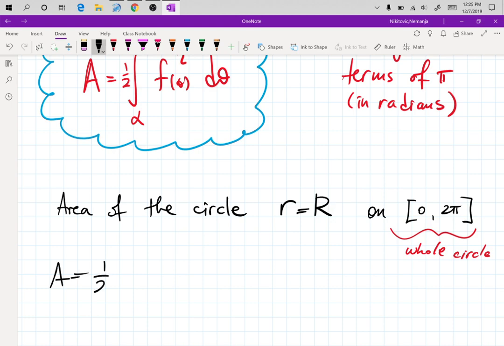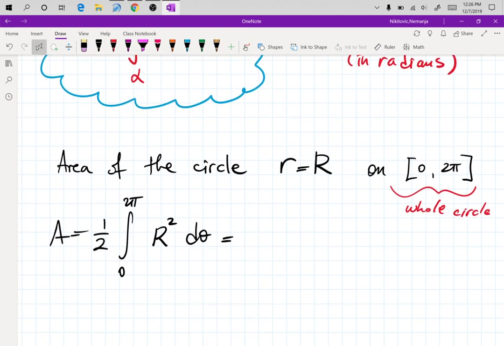So now, if I want to find the area, it's going to be 1/2 integral 0 to 2 pi of, and my function f of theta is just r, and I need to square that, and then I have d theta. Before you go nuclear, just remember that r is a number. The equation of a circle is like r equals 3, so r squared is 3 squared, which is 9.